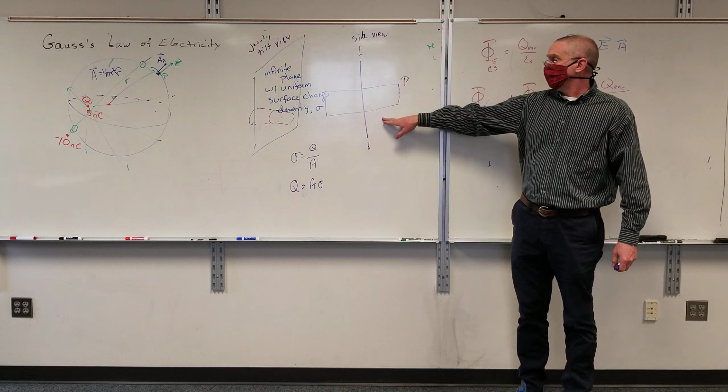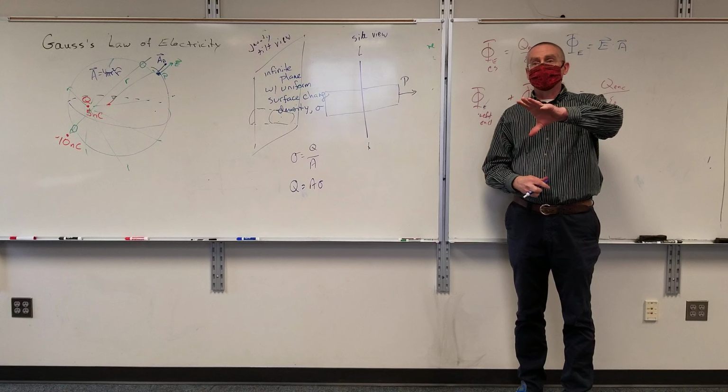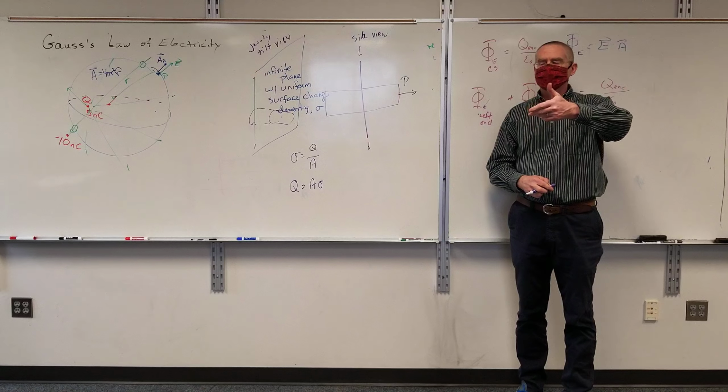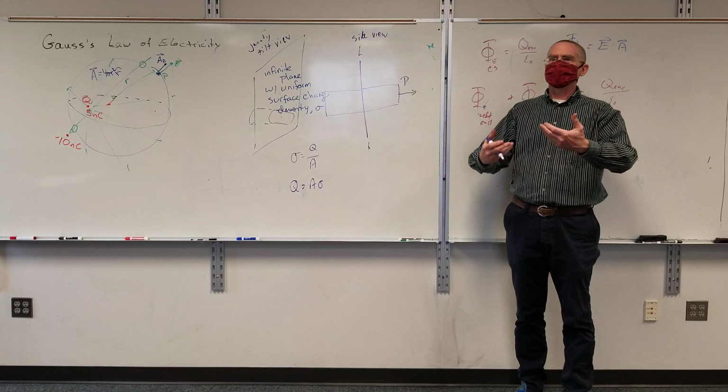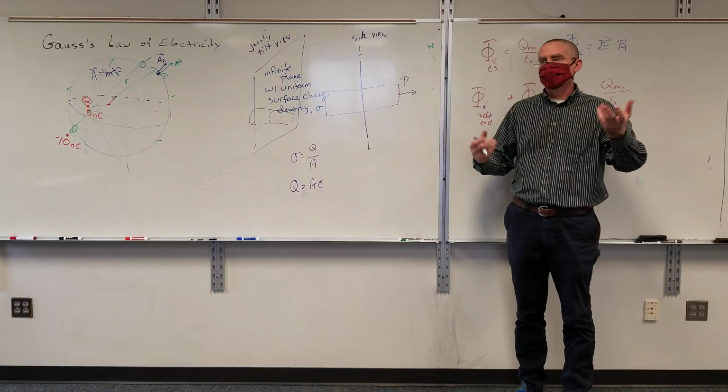Absolutely. If you want the physics answer to why, it would be by symmetry. All right, so my electric field would be pointing away no matter where I am, because it's an infinite plane.